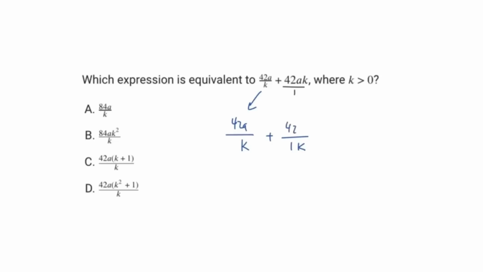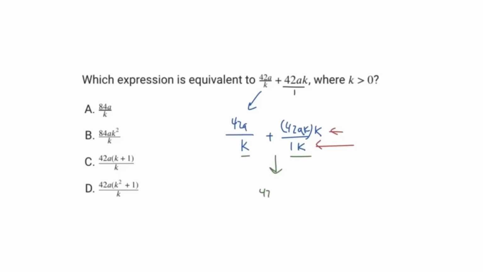So we get 42ak times k. And the reason we're doing that is to find a common denominator, and k over k is 1, so it really is the same thing. It's the equivalent expression or form, but we just want a common denominator here because now that we have the same denominator, we can combine the numerators.